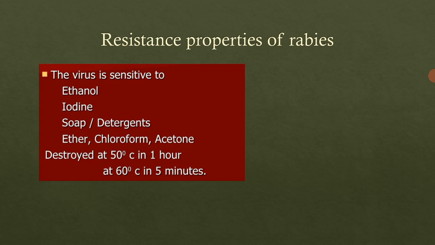If you want to store in dry ice, the virus has to be sealed very carefully in vials. Also it can survive at 4 degrees Celsius. So these are the resistance and susceptibility properties of this virus. It is deactivated by most of the chemicals, right?